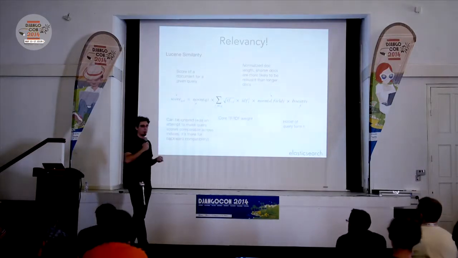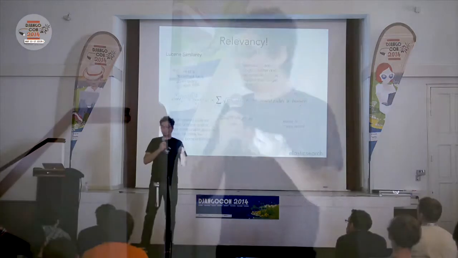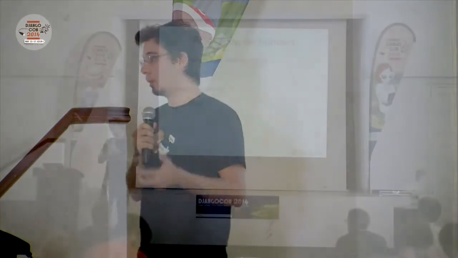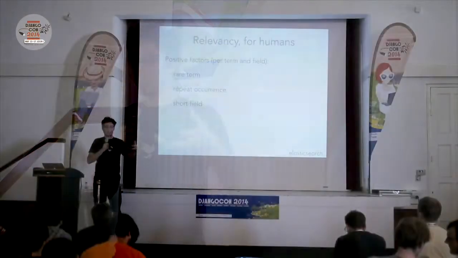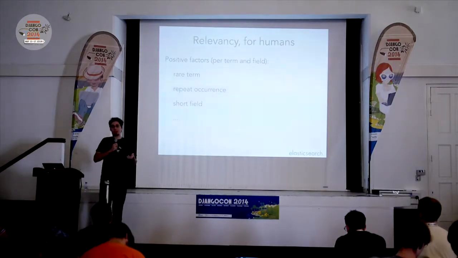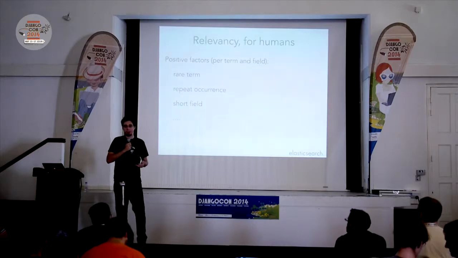But if you have a word that's very rare, and you find it 2 times, and you know that only 5 other documents contain it, oh yeah, this is a good match. So to put it in a TLDR version, relevancy is based on the rarity of the term for that given index, which we typically have per field, and how many times it's there in that given field, in that given document.